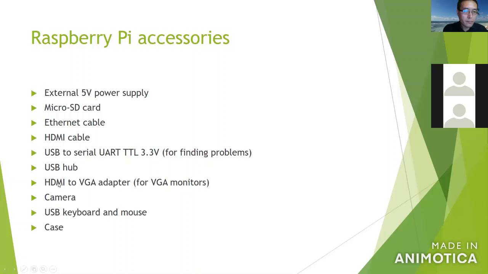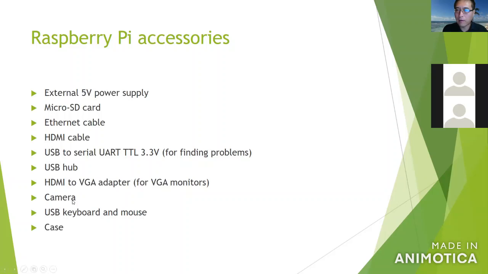Actually, for our lab, we do have this HDMI to VGA adapter because most of our monitors in our lab are VGA monitors. So if you go to the lab, you will see we have this HDMI to VGA adapter.